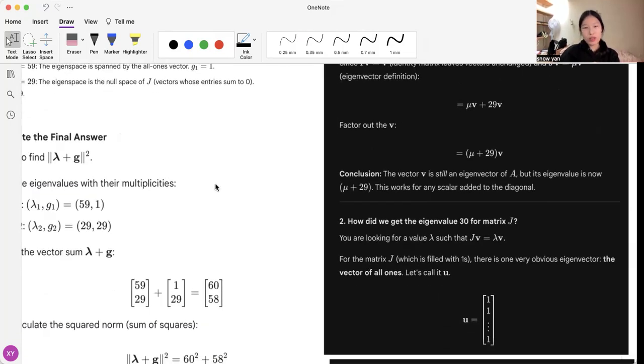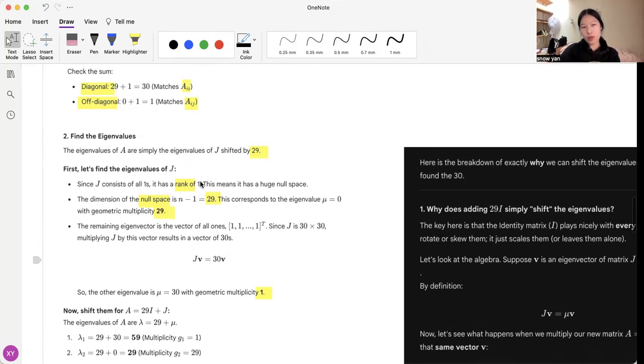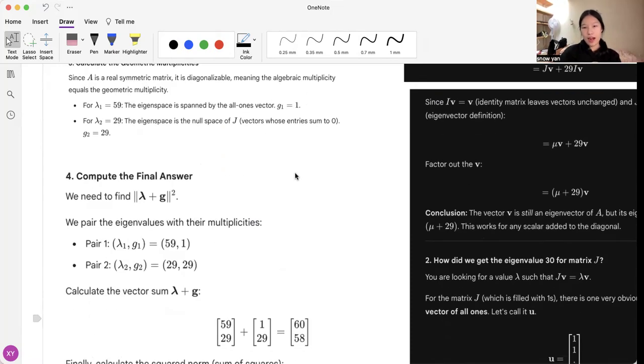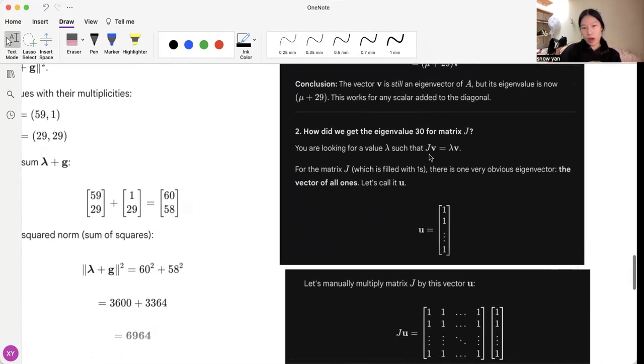And then the second question that I didn't really explain earlier was how do we get the eigenvalues 30 and 0? 0 is pretty straightforward because we know that it has rank 1, so there's definitely a null space, so 0 is one of the values. That's a no-brainer. 30 is because if we consider summing up the rows, we would have something of the form JV equals lambda V. Let's say we have u, the transpose of a bunch of ones.